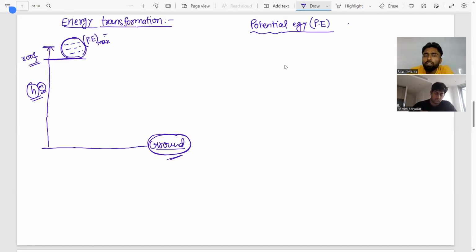Let us assume this balloon has 20 joule potential energy at this position.